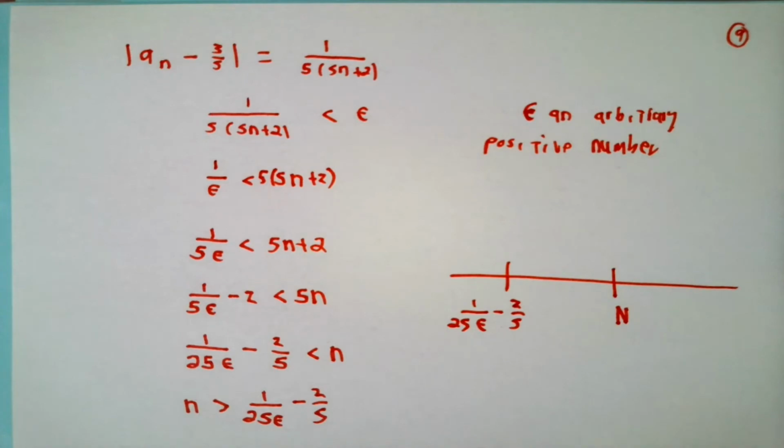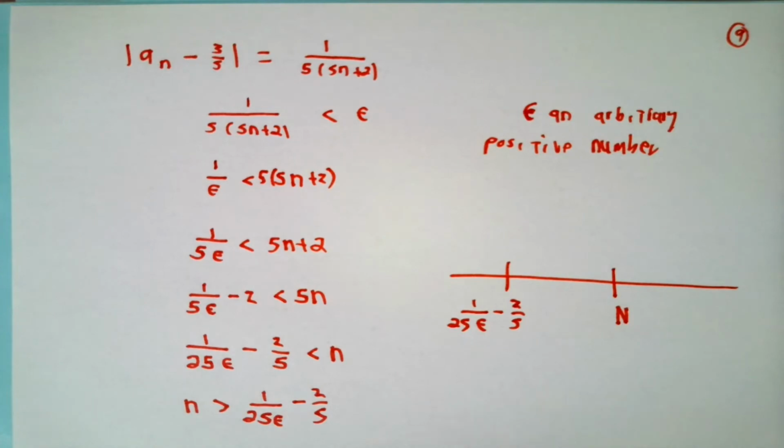Doing the algebra, the requirement that the absolute value of a_n minus 3/5 be less than epsilon reduces down into the statement that n needs to be at least 1 over 25 epsilon minus 2/5.